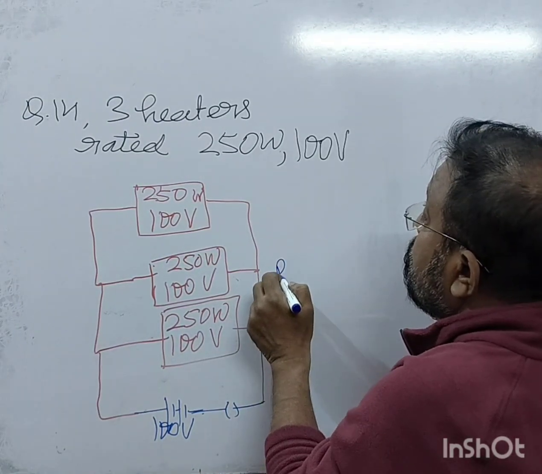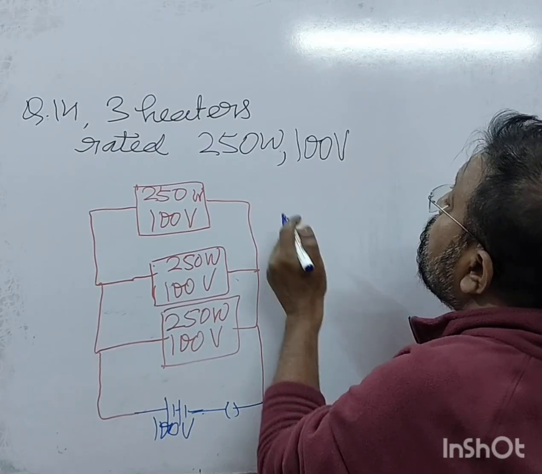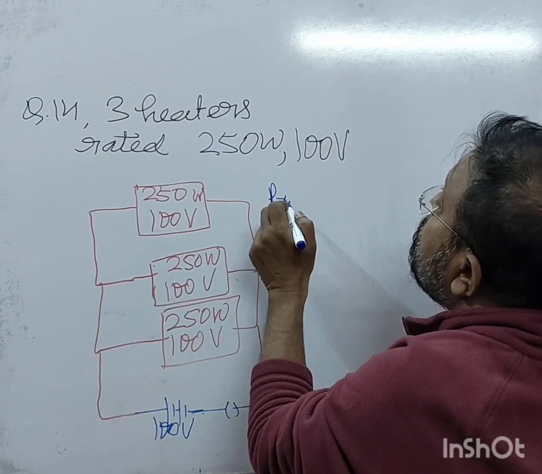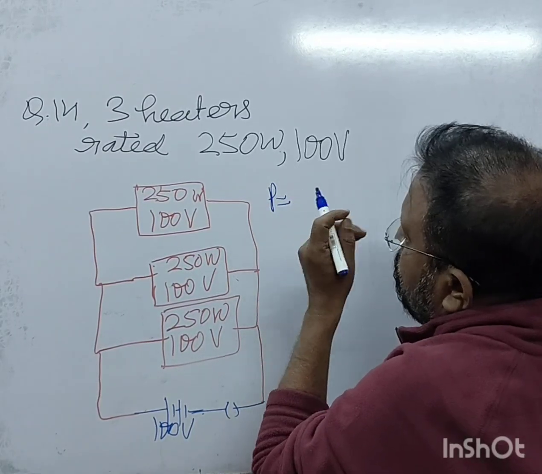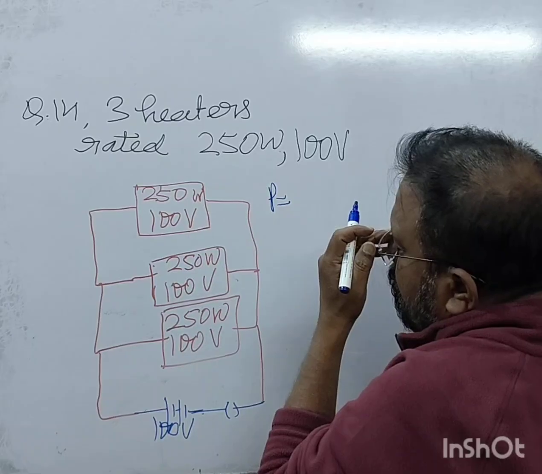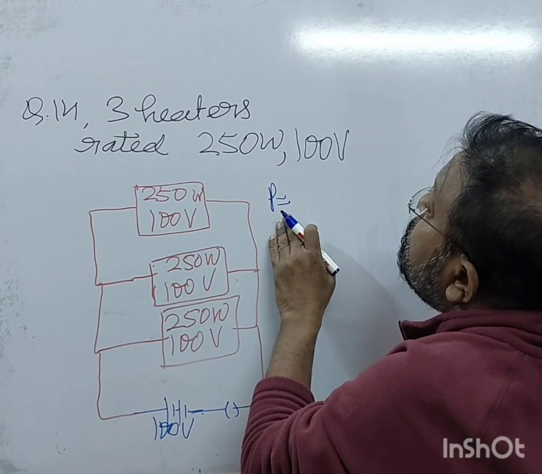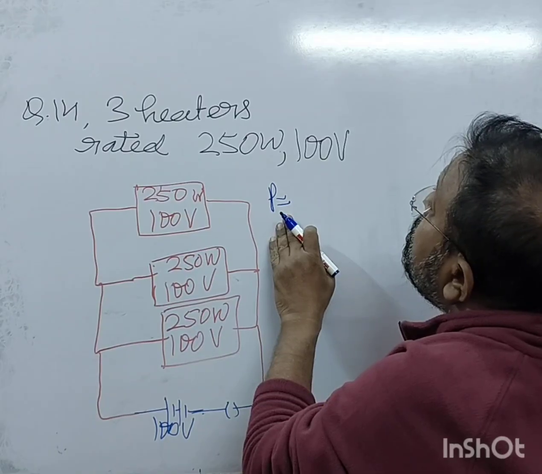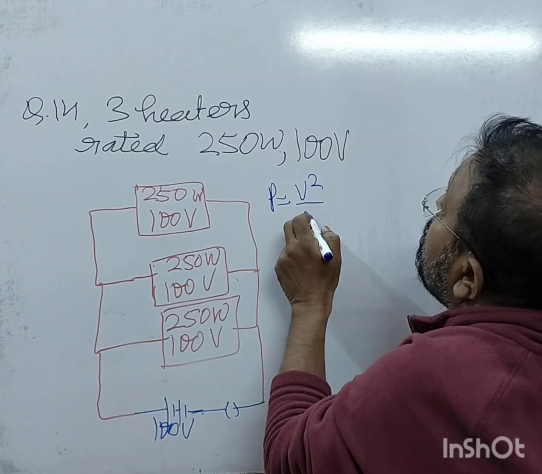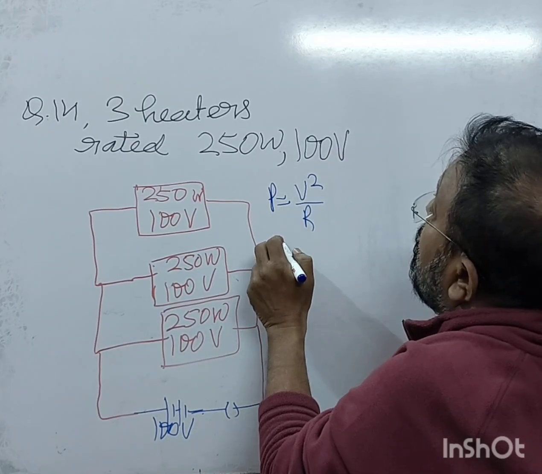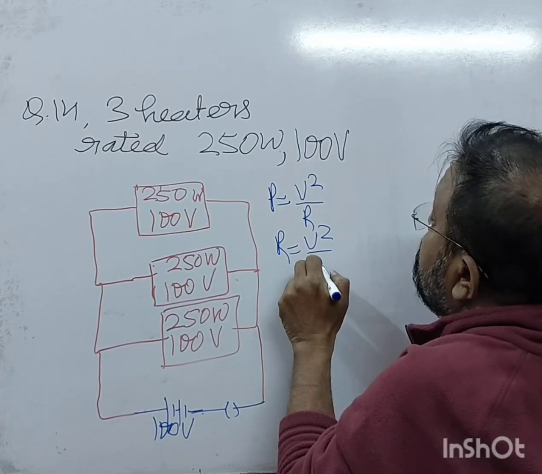Resistance R. P is equal to VI, and P is equal to V square upon R. So R is equal to V square upon P.